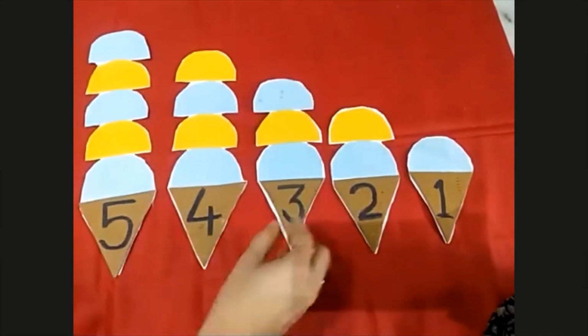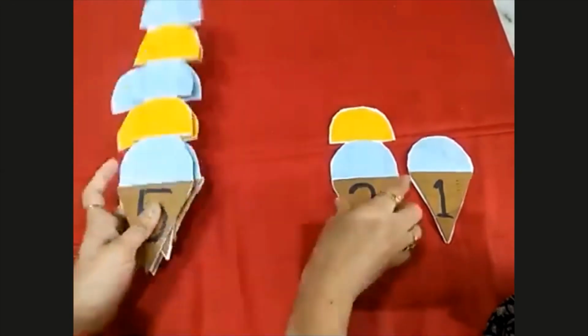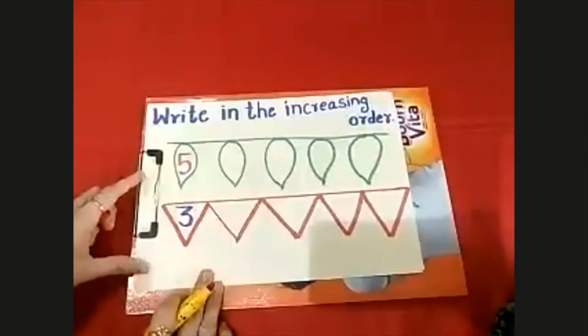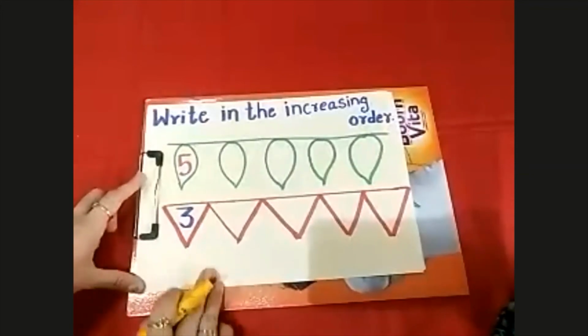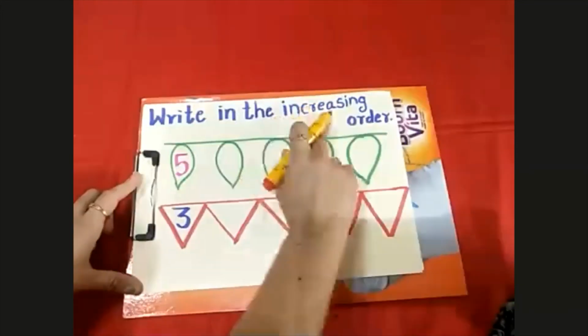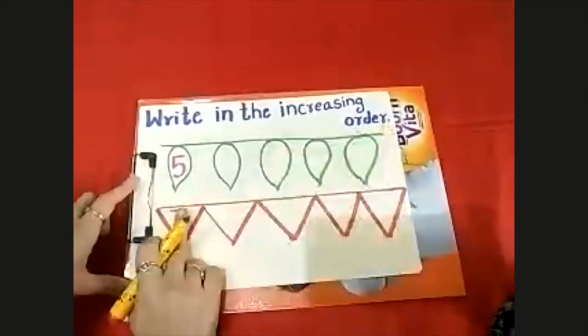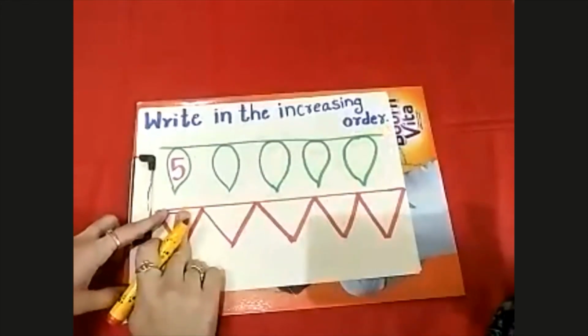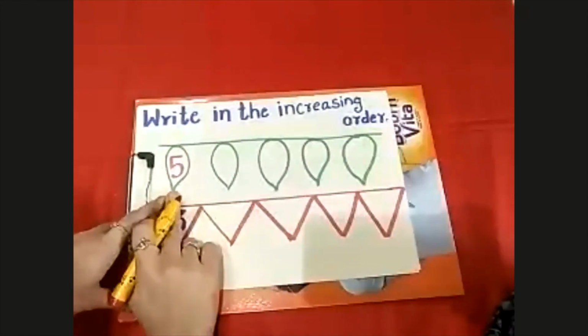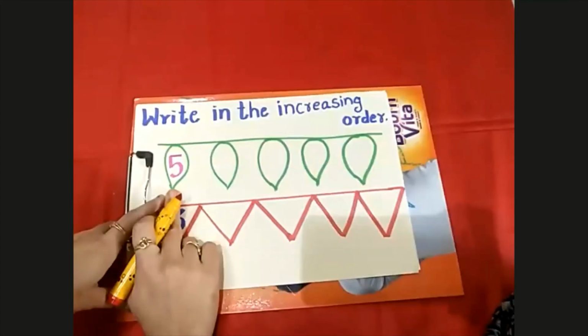Understood? Now we'll solve some number examples. What question is asked? Write in the increasing order. Number 1 is given, that is 5.